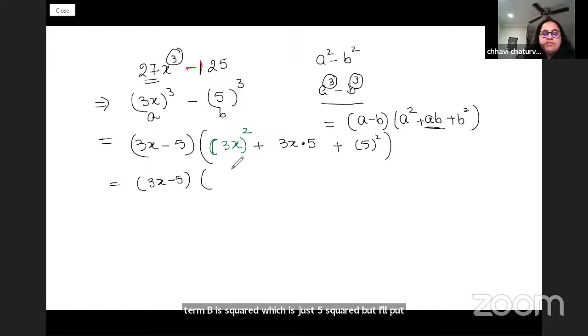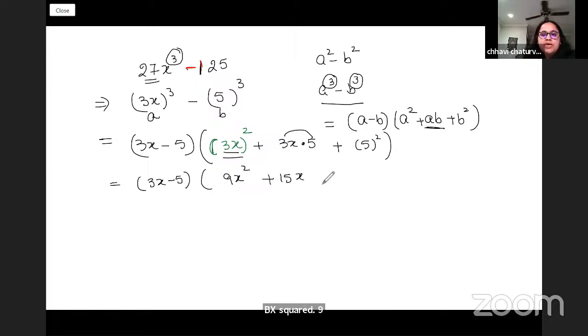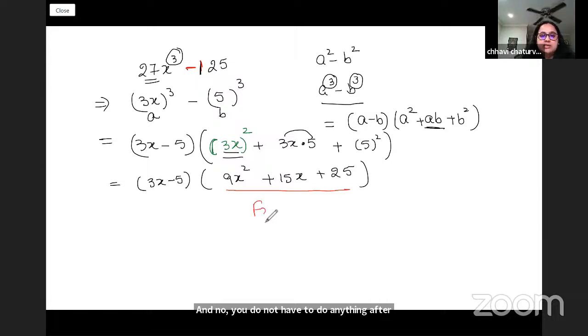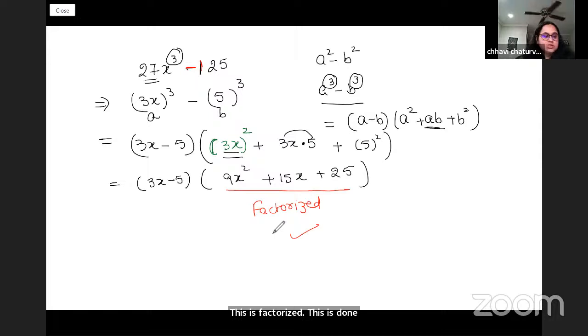So (3x minus 5)(9x squared plus 15x plus 25). And no, you do not have to do anything after this point. This is factorized. This question is done.